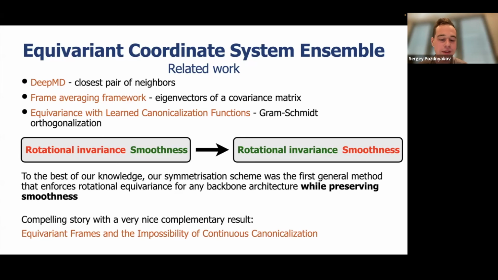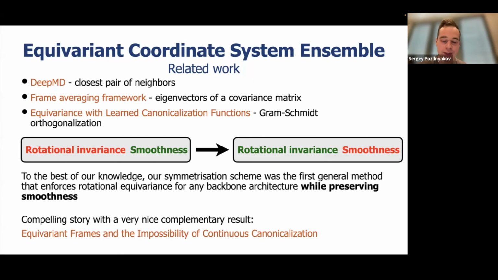For instance, it generalizes this idea of weighted averaging from only one group, the rotation group, and only one type of input object, three-dimensional point clouds, to multiple groups and multiple types of input objects, namely, for instance, point clouds in d dimensions.